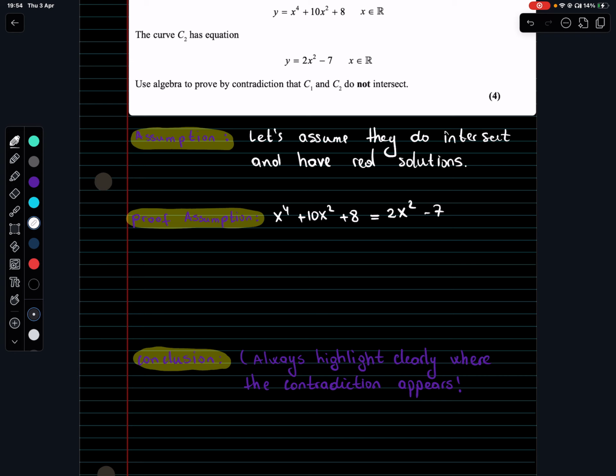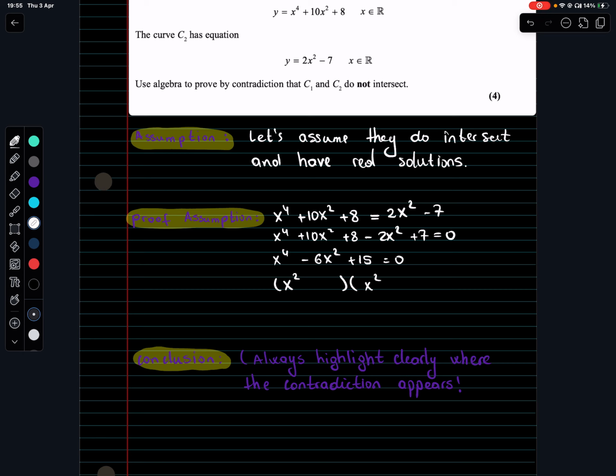Okay, so we start solving this equation: x to the power of 4 plus 10x squared plus 8 minus 2x squared plus 7 equals 0, and then that's going to be x to the power of 4 minus 6x squared plus 15 equals 0.